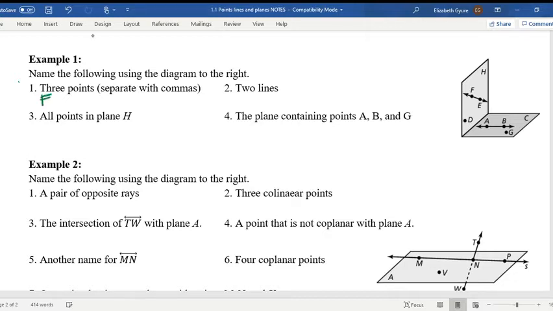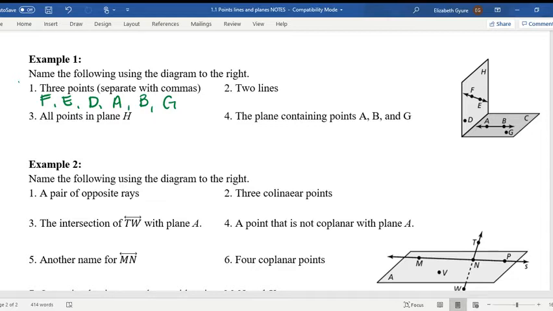So F is a point, E is a point, D is a point, A is a point, B is a point, and G is a point. The only letters you see here that are not points are H and C. Those are actually labels for our plane, and you can see there's no dot next to them.